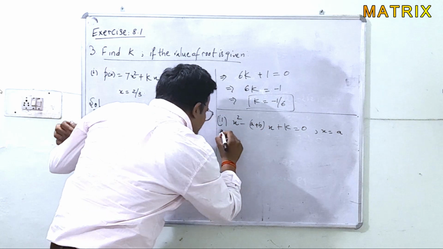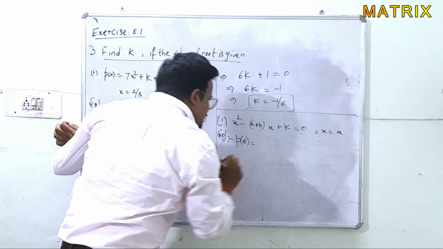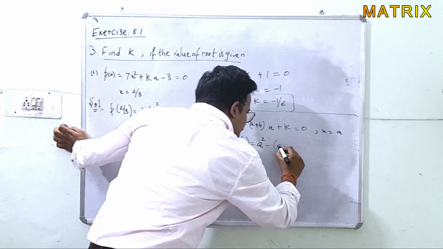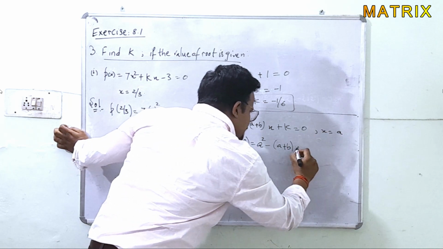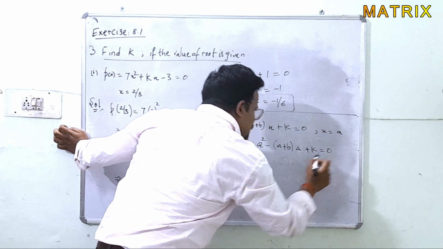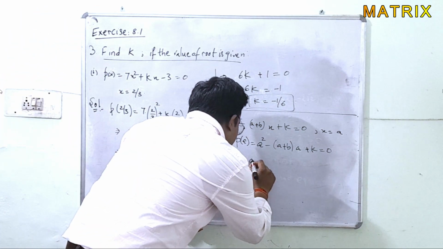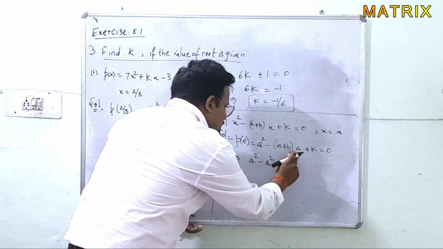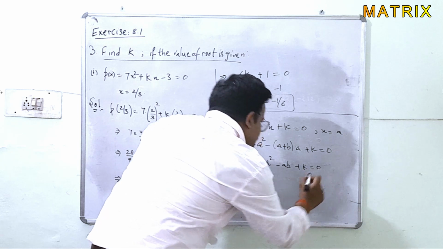Now let's see what we can do. So let's put the value: p of a is equal to a square, as it is, minus (a plus b), the value of x is a, plus k equal to 0. Yes or no? So when I solve this, it will be a into a, which is a square, and this will be negative ab plus k equal to 0.